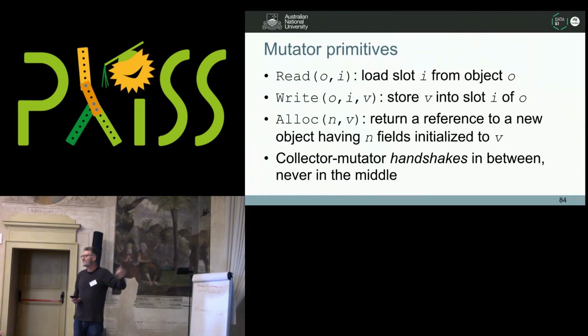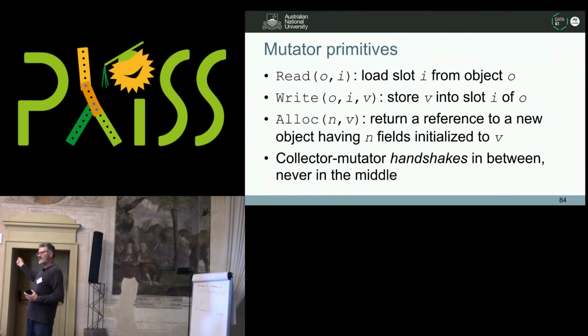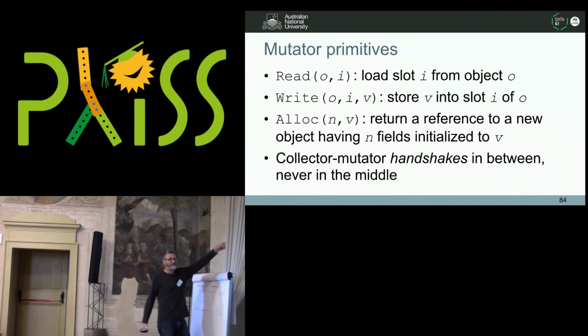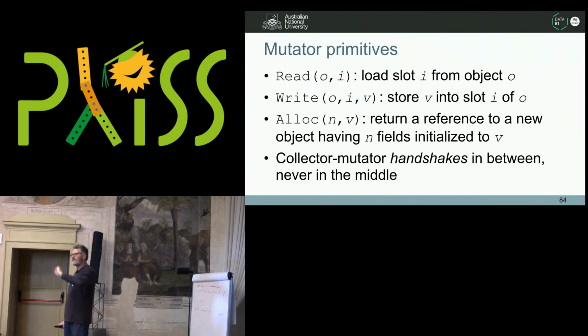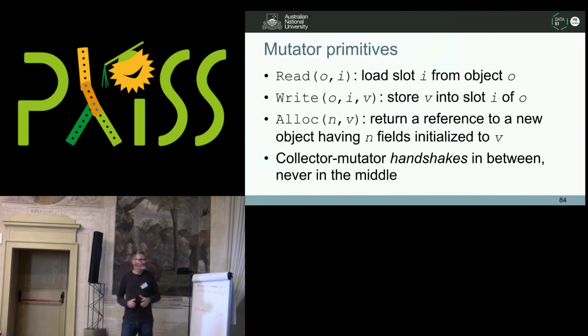So these operations are set up such that the check as to whether a mutator has to handshake with the collector does not get generated by the compiler inside of these operations. And so what are known as safe points are compiled into the program at backward branches, but not in the middle of these operations. So we know that these have completed when a mutator is handshaking. So if there's any outstanding work, it's not in the middle of doing that.